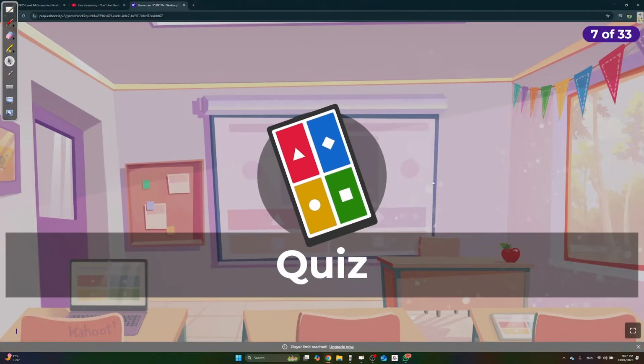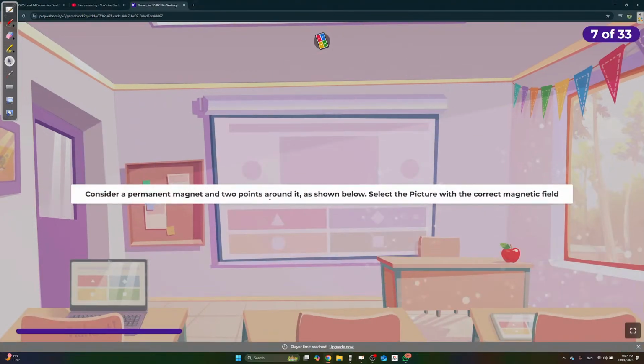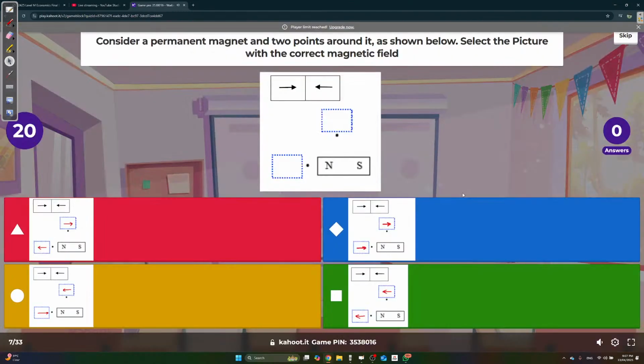Okay, next question. Consider a permanent magnet and 2 points around it as shown below. Select the picture with the correct magnetic field. You need to look at all the pictures here. Okay.